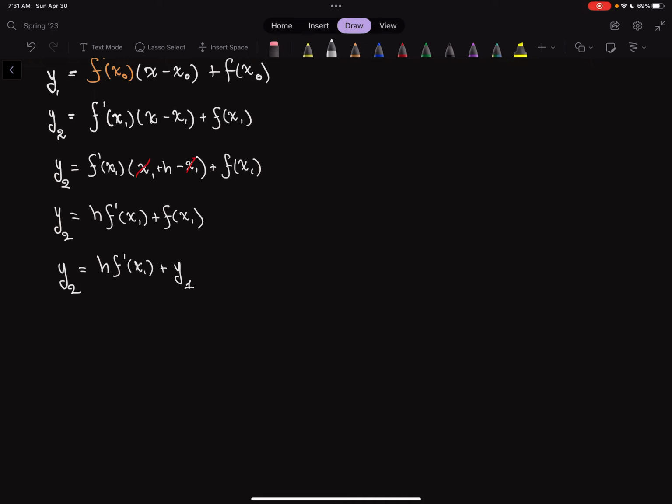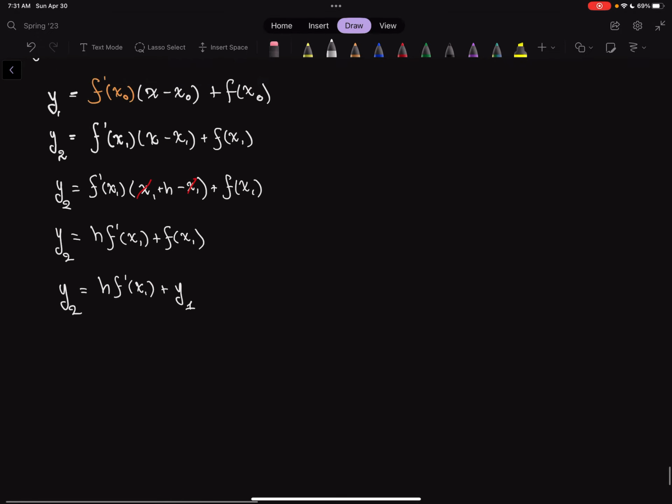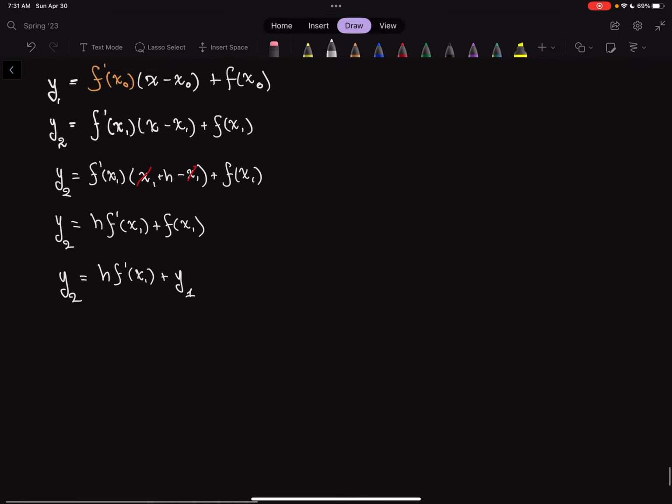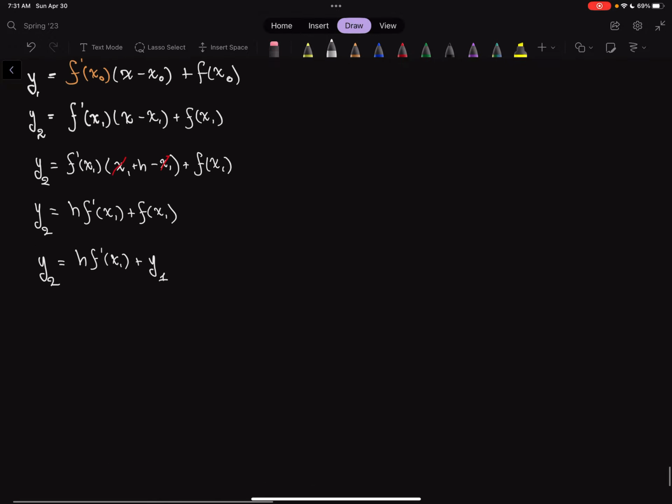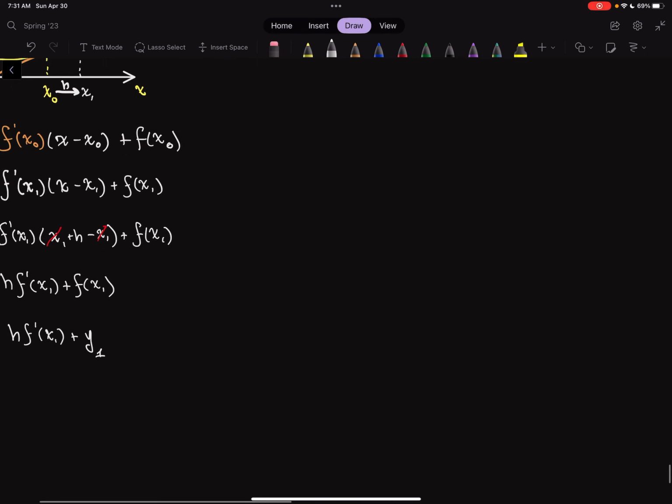And so, as you see, every time we have a recursive definition. So now that we did this exploration, let's write a formula for y sub n.